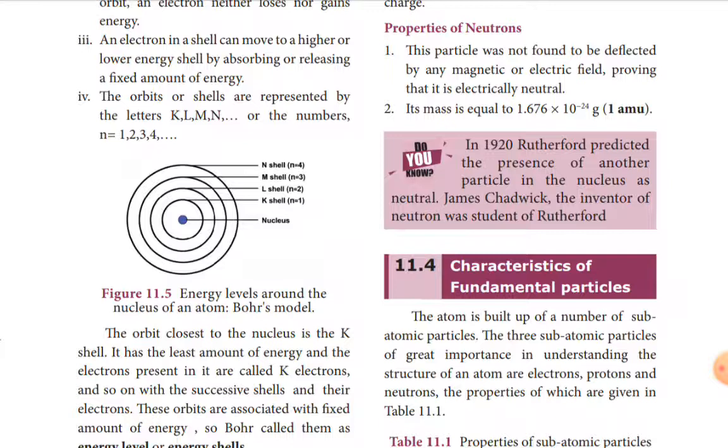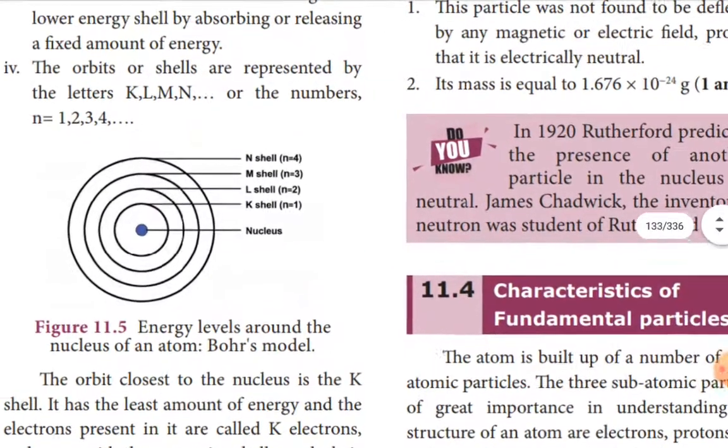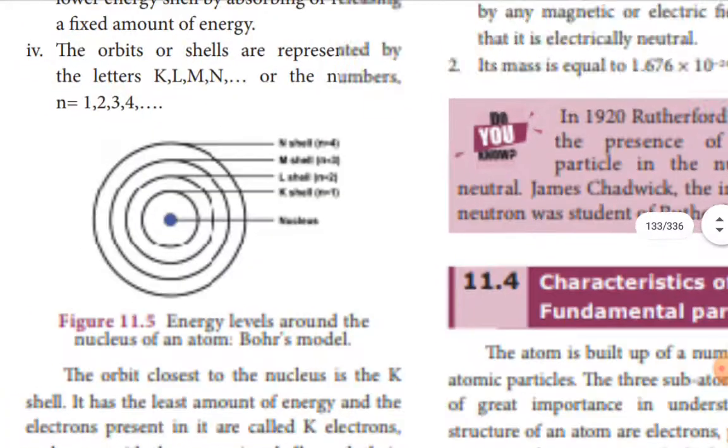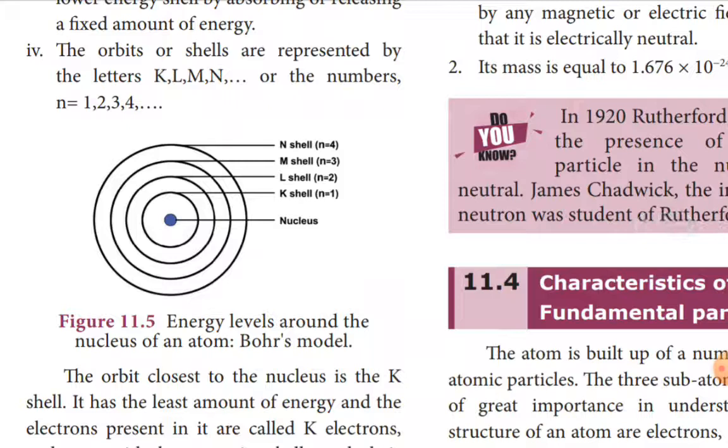In the diagram 11.5, the nucleus is at the center, which is a highly positively charged core which possesses mass. The mass of the atom is completely based on the nucleus, which is a positively charged center.